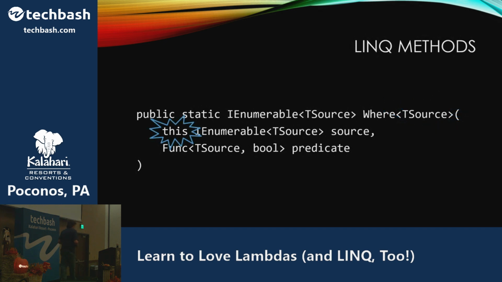The this, again, if you're not real comfortable with how extension methods work, I'd recommend going to my website. You can follow the links for this particular talk, and you'll find my little short 5-minute video that talks about extension methods. The this basically means that in addition to the normal static method syntax that we would use, we can use this little syntax that makes it easier to read, where this first parameter now goes in front of the where instead of in the parentheses.